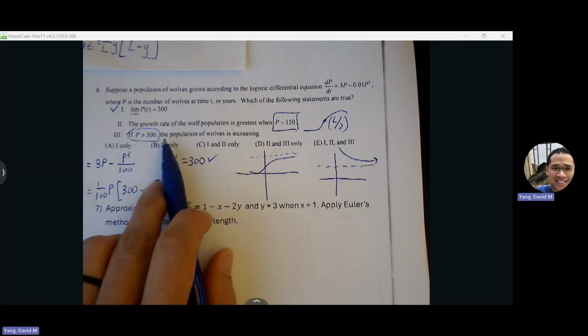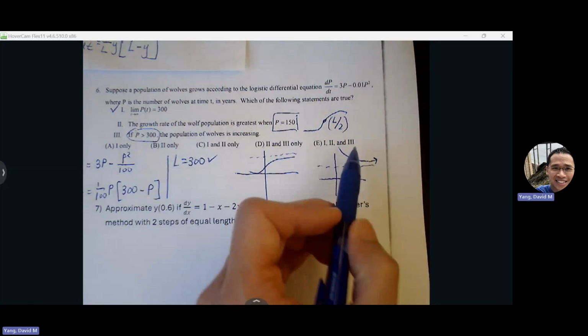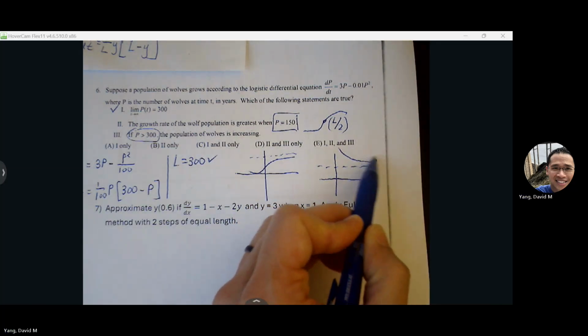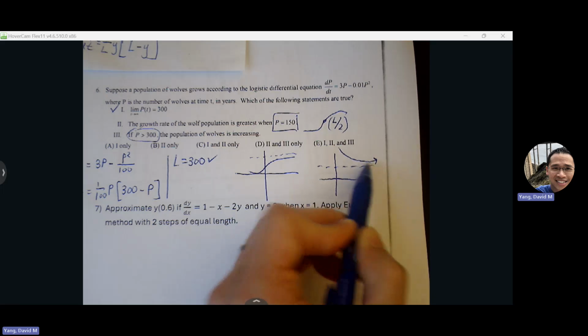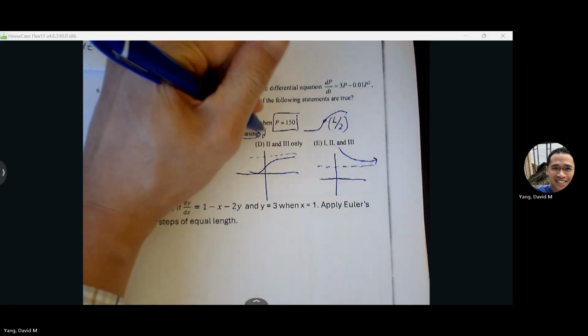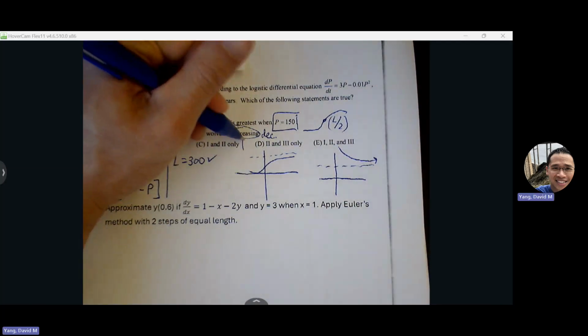So if we're starting with a population that the environment is not able to handle, it'll eventually make its way down to that carrying capacity. So therefore, decreasing. So only answer choice 1 and 2 will work.